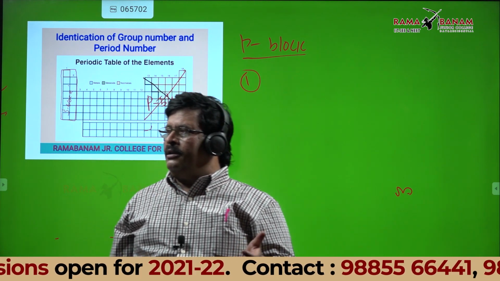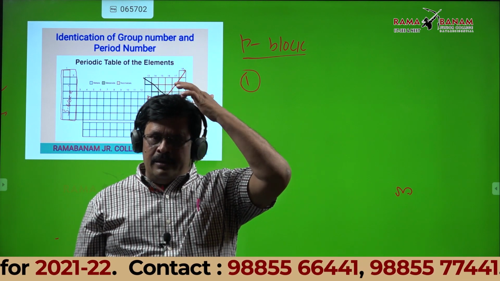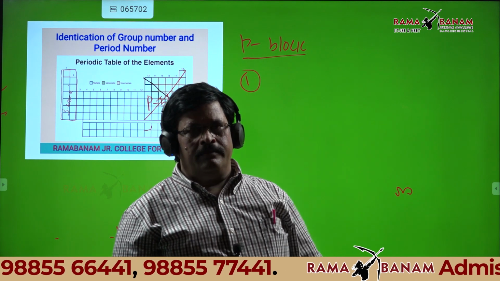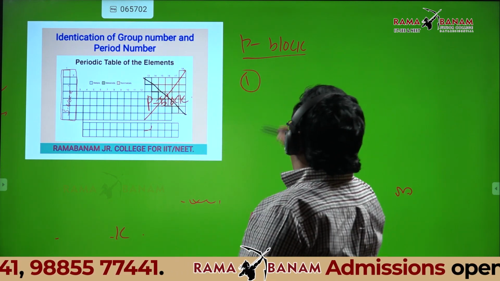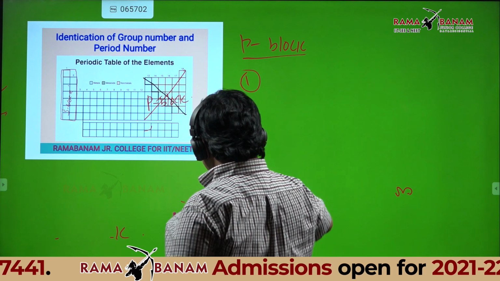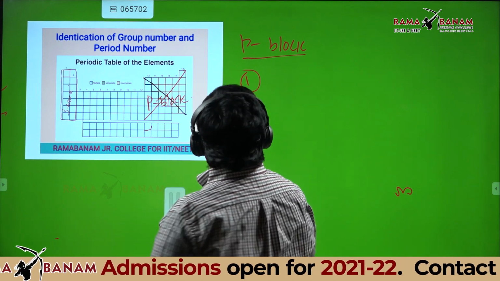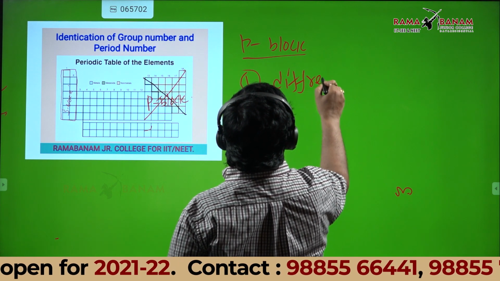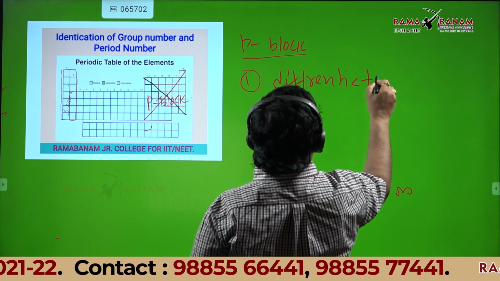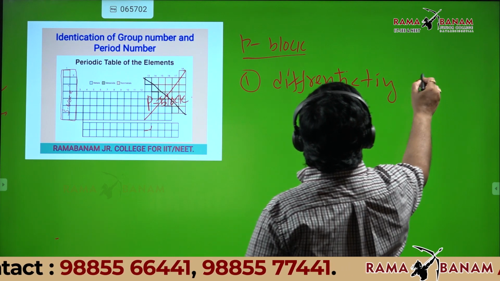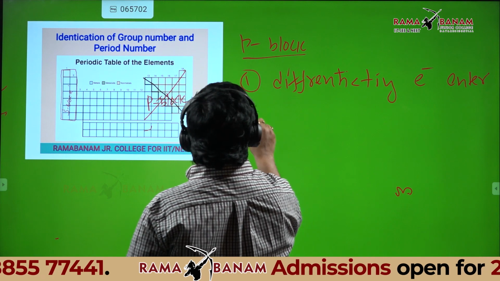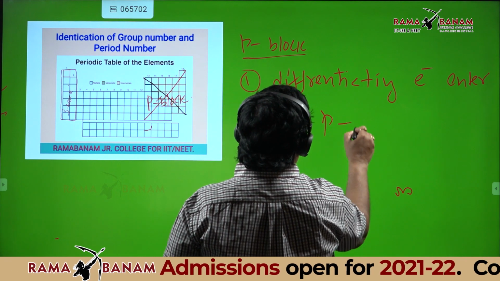In P block, in all these elements the differentiating electron enters the P orbital. Excellent, Gautam. Write that point. In all these elements, the differentiating electron enters the P orbital.